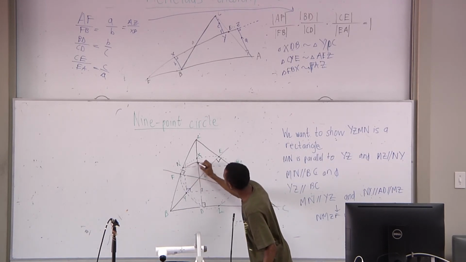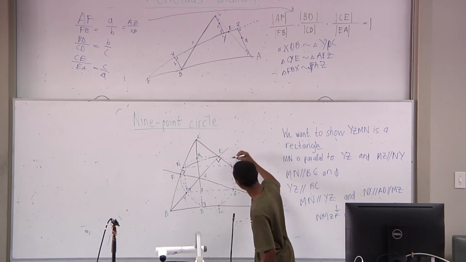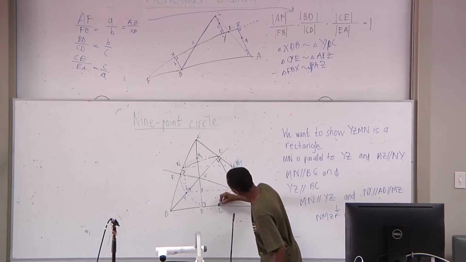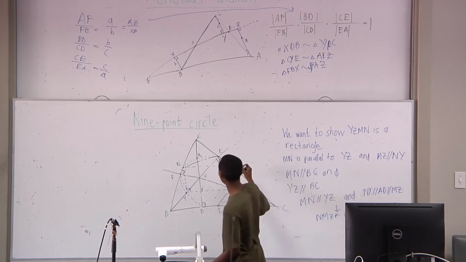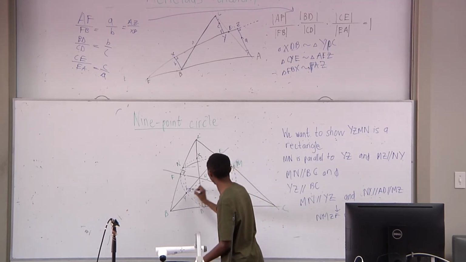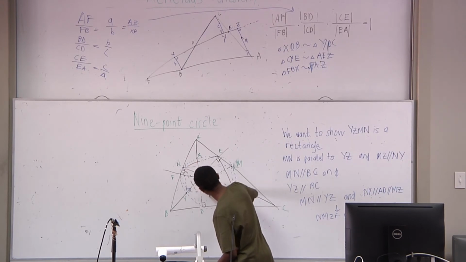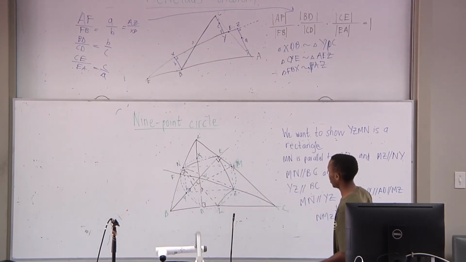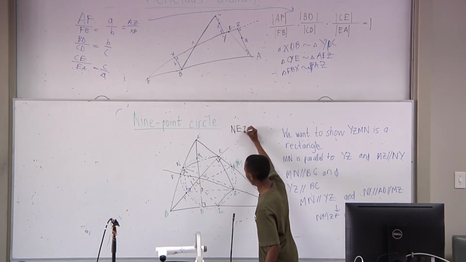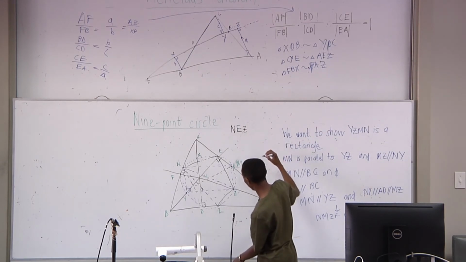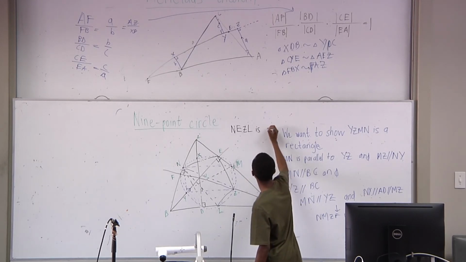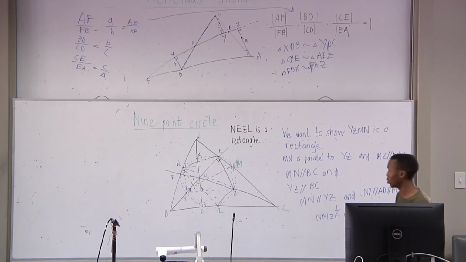We can similarly show, I know it doesn't look like that on the sketch, that N, E, Z, and what is this point? L. So that's also a rectangle, right?